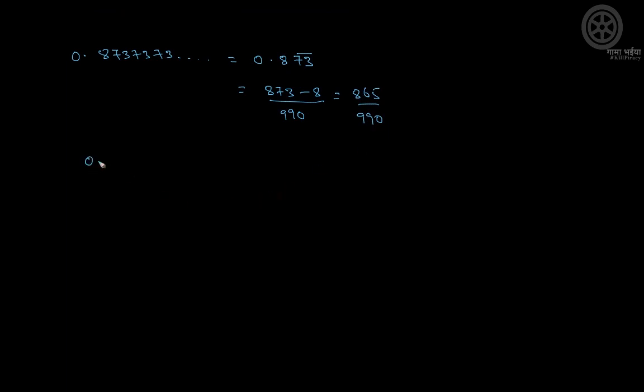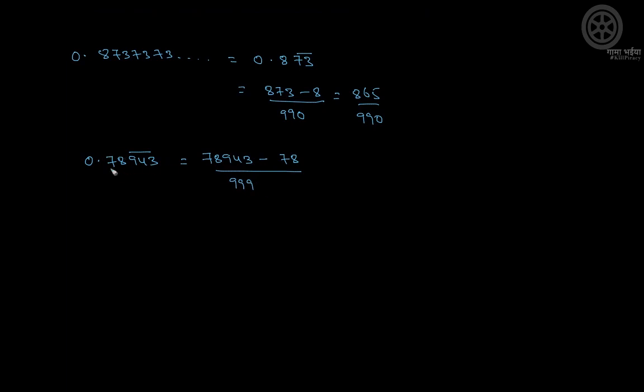In another case, 0.78943 bar, right? Tell me the answer. 78943 minus 78 by, the bar is for how many digits? 3 digits, so 3 nines.